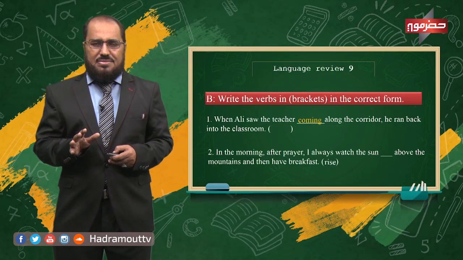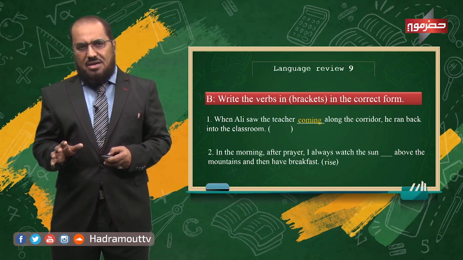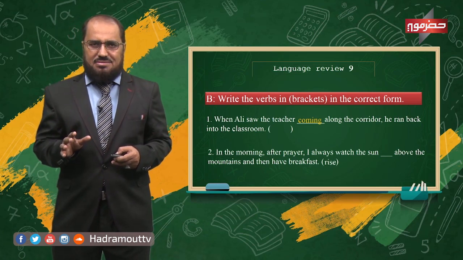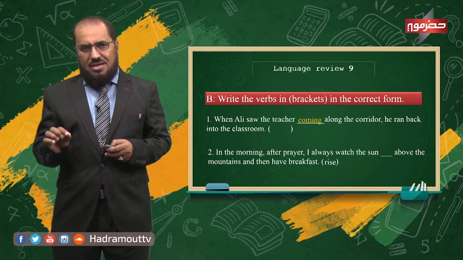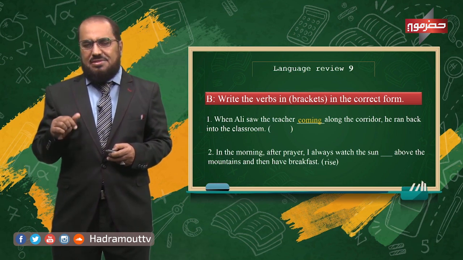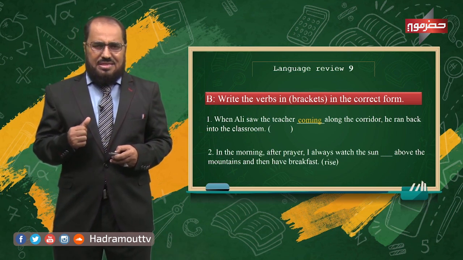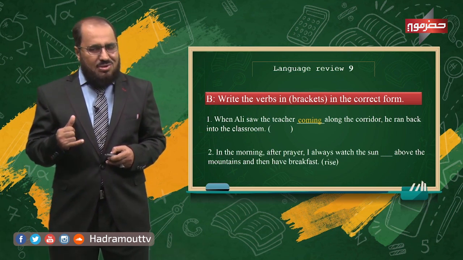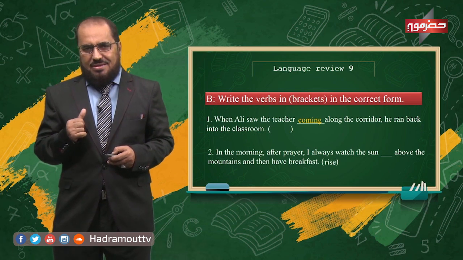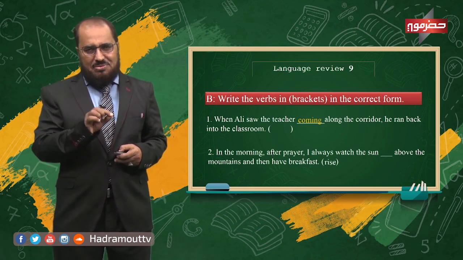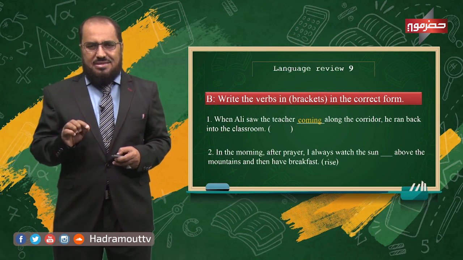Okay. What about number 2? In the morning, after the prayer, I always watch the sun, blank, above the mountains, and then have a breakfast. Rise. Is it rise or rising? Look, read from the beginning to the end.